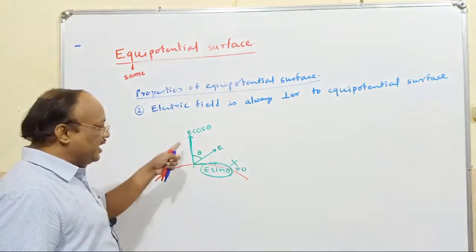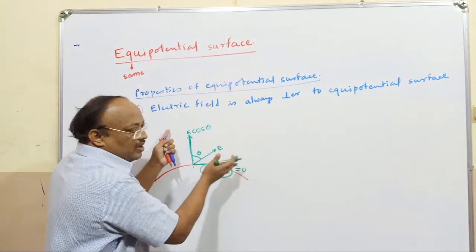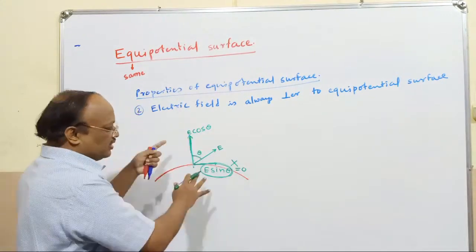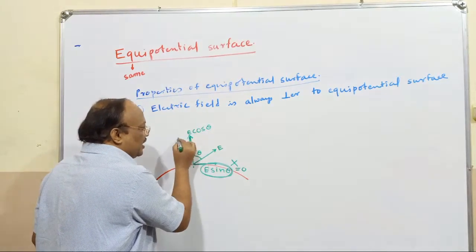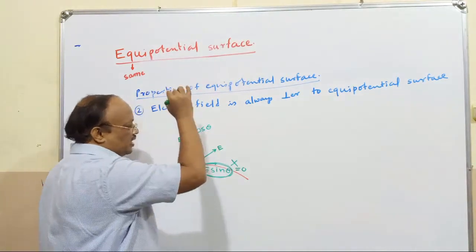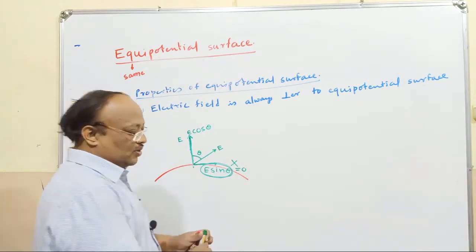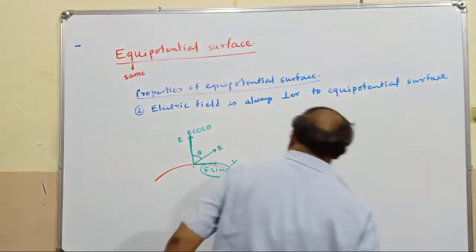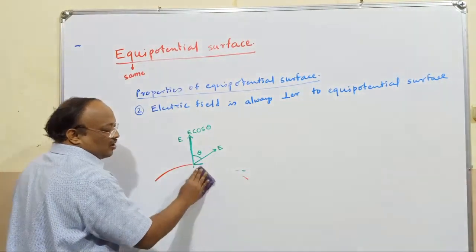If E is acting completely in this direction, then we cannot divide it. There will not be any E sin theta. Complete E will be in this direction.